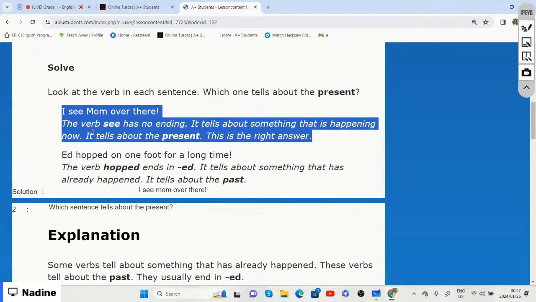It tells about something that is happening now, which is present.